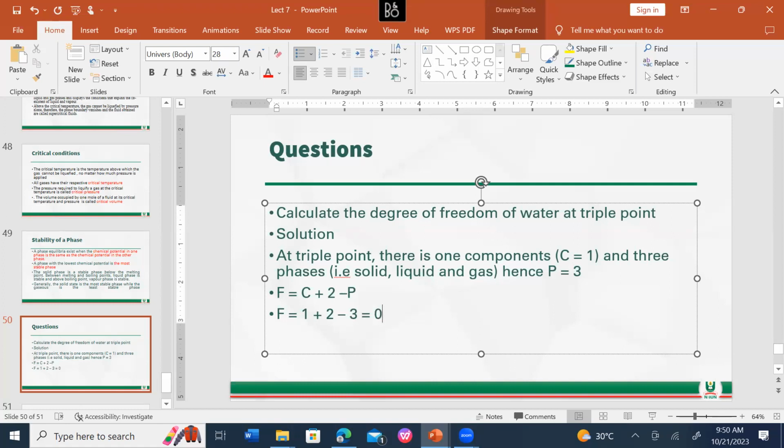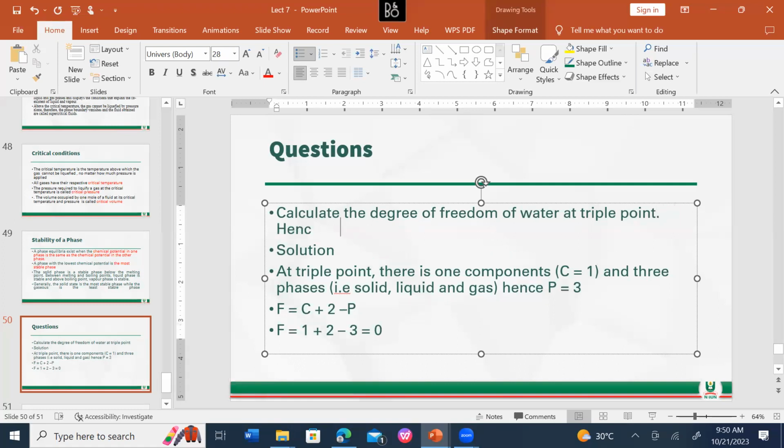What does this mean? What is the implication of the value you obtain?